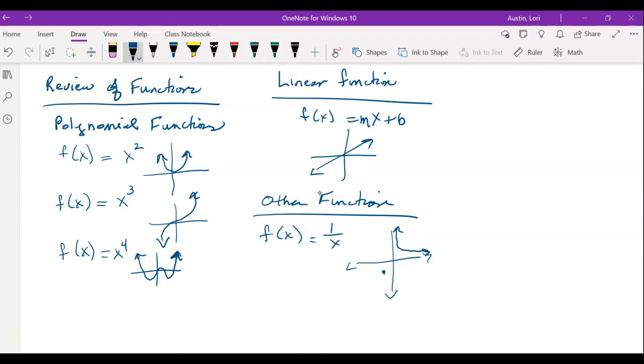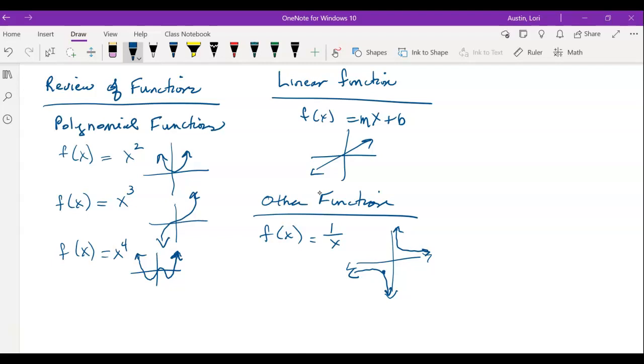It's going to look like that. And on the other side, it's going to be the flip of that. So it's going to be the same shape, but it's all going to be negative. So it's going to look like this. So when you have any variation of 1 over x, and that could be 5 over x minus 7 is a variation of 1 over x, it's going to look something like this.